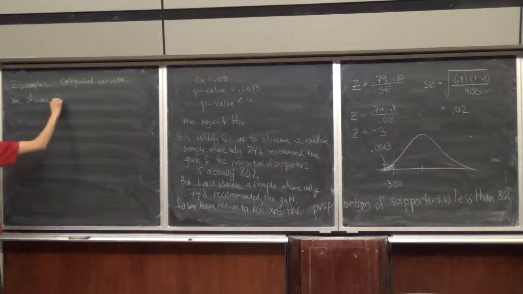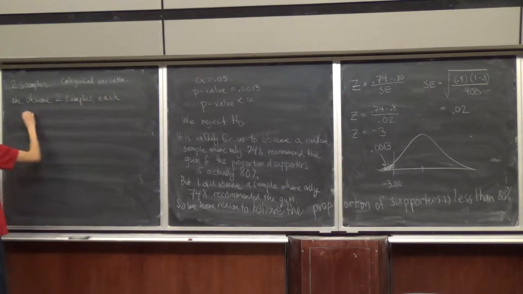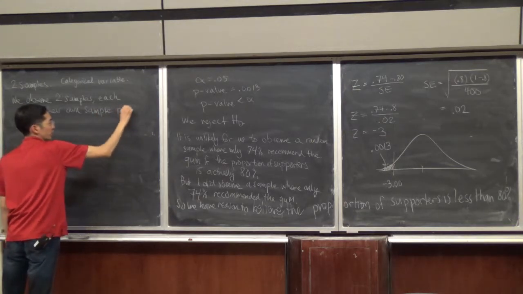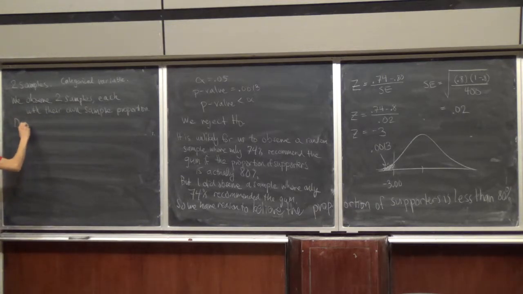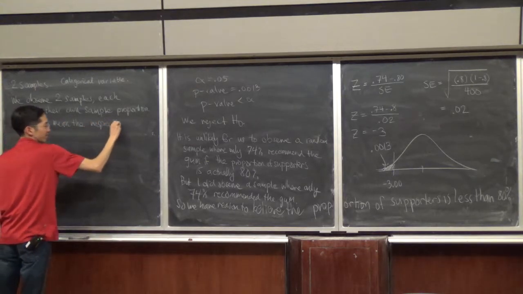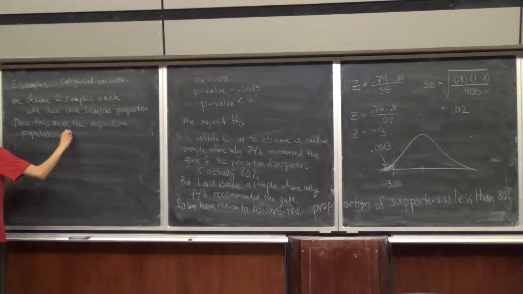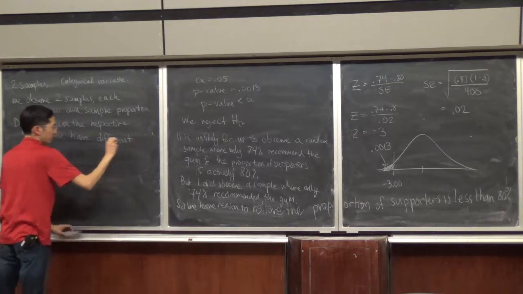There are two samples, each with their own sample proportion. Does this mean the respective populations have different proportions?